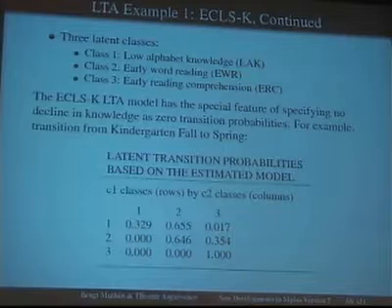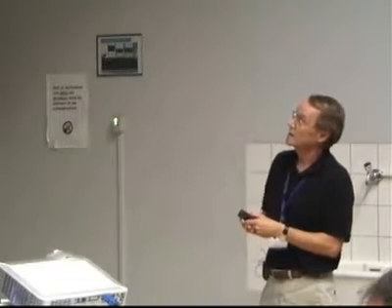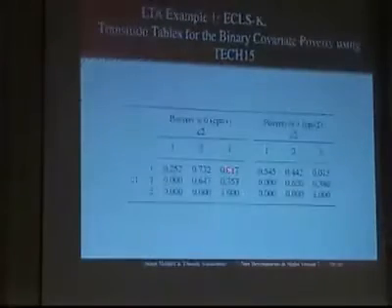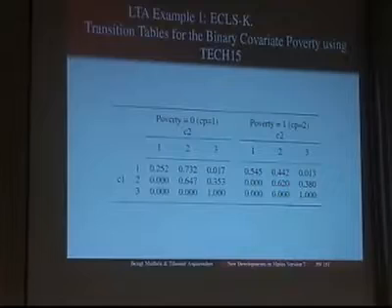And furthermore, relating to the dichotomous covariate, it's poverty. You are either scored as coming from a family of poverty or not. Here you have the transition tables once again, but now you have them for each of the 2 poverty statuses.